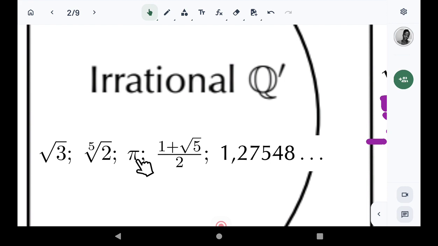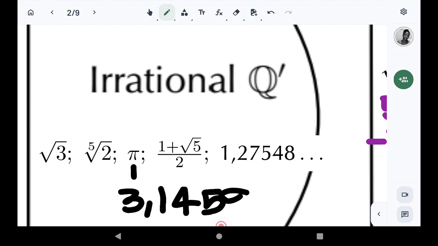They include your pi, for example. Punch pi into your calculator and press equals, you will get 3.14159 and so on and so on. It does not have a repeated pattern. It does not end.